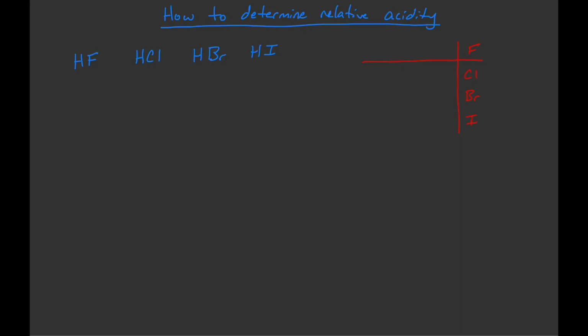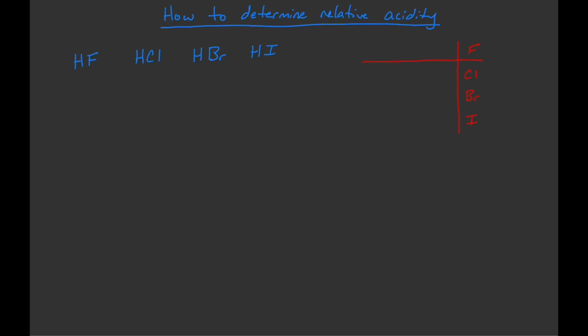When we talk about the strength of an acid, or what makes an acid more acidic, we look at the pKa. Now, what is pKa? pKa is essentially a measure of how willing a compound is to release its proton, or its hydrogen.